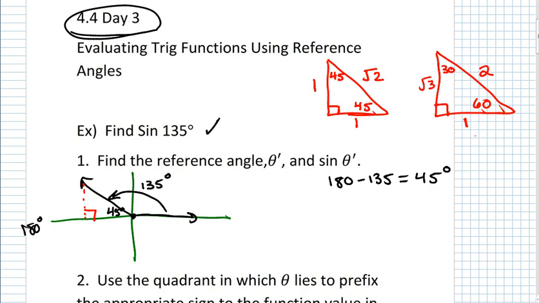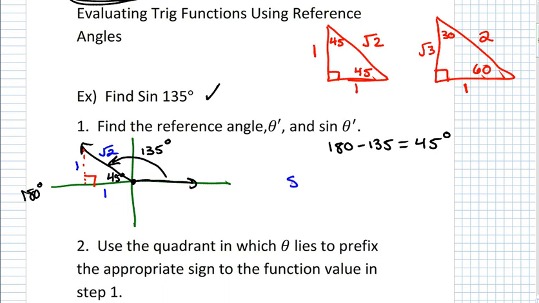So those are the ratios you have to keep in mind when you're doing these trigonometric functions, because if you notice here, I have a 45, 45, 90 right triangle. So that means I have 1, 1, and square root of 2 for my sides.